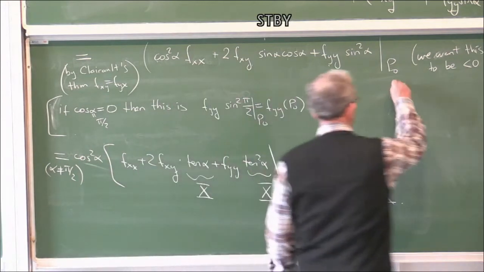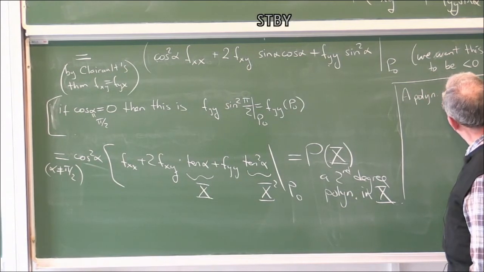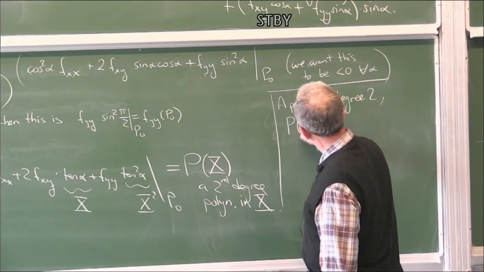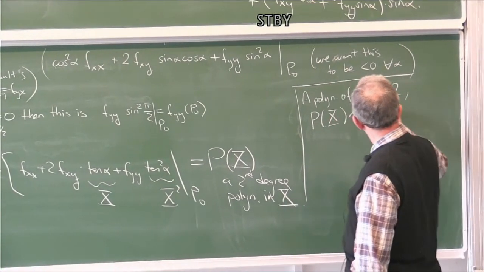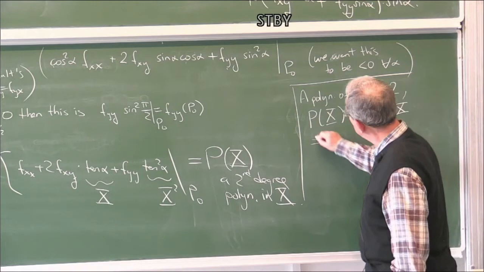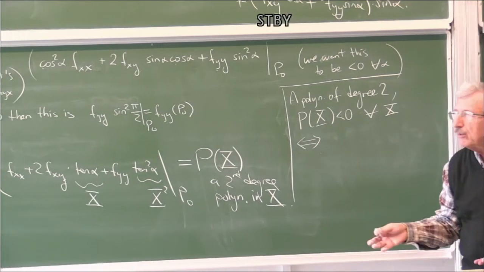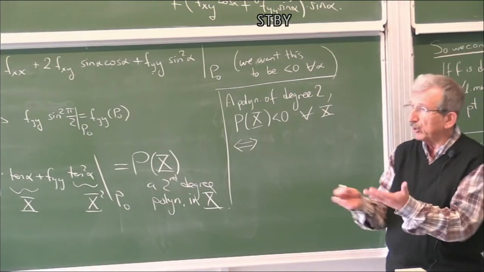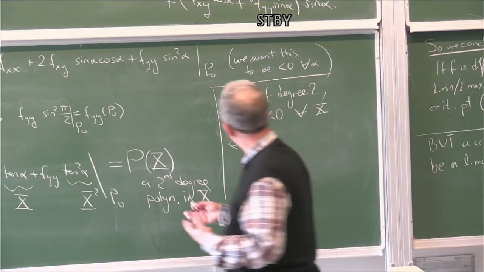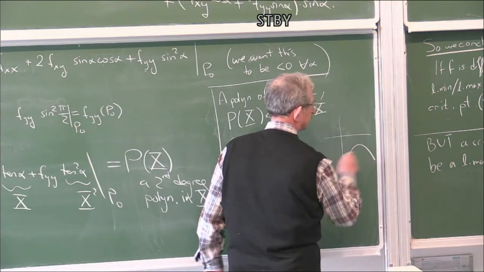So, okay, a polynomial of degree 2, namely P of x, is negative for all x, okay, if and only if two things happen. Just think about a polynomial of degree 2. It is a parabola in the plane. Okay. And a parabola will be always negative, means that it will be something like this.